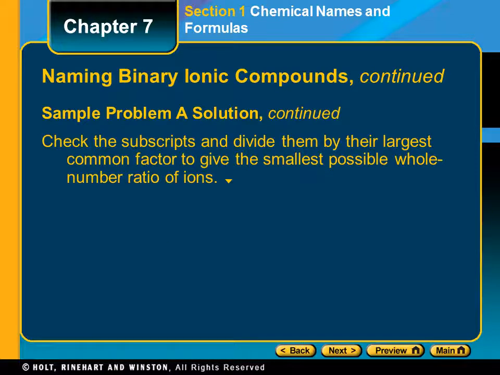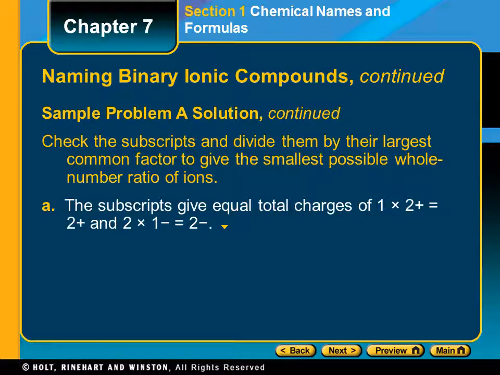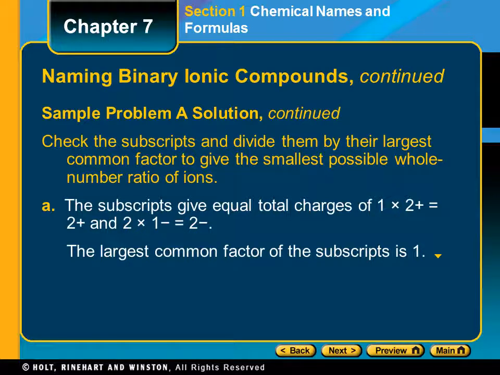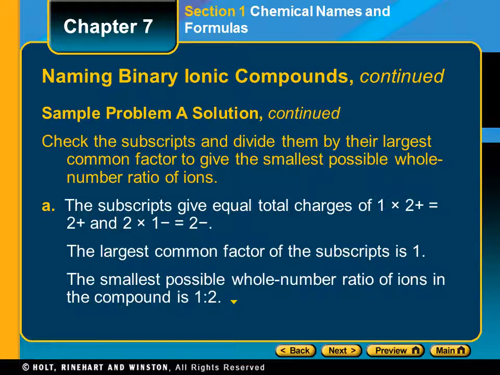Check the subscripts, and divide them by their largest common factor to give the smallest possible whole number ratio of ions. The largest common factor is 1 in this case. The smallest possible whole number ratio of ions in the compound is 1 to 2. And remember, you've got to do this step because you always need to give these formulas in the smallest possible whole number ratio.